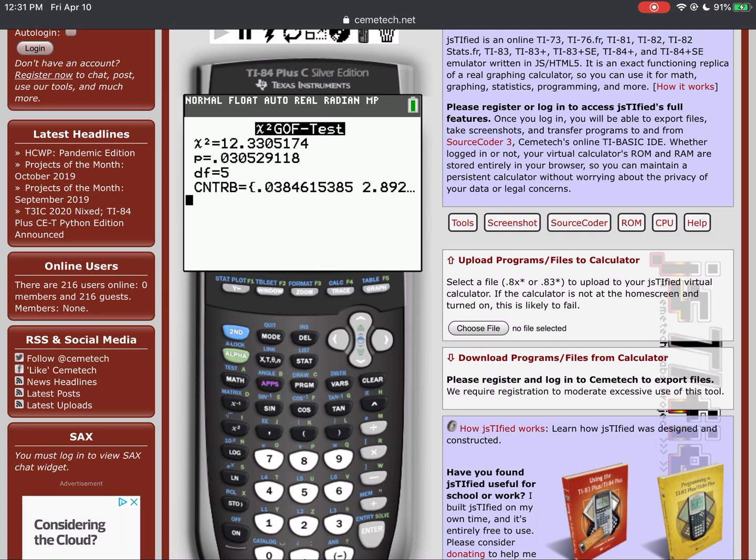But if I was going to try to be 99% confident, then the result would not be statistically significant. I would not reject the null hypothesis, and there would not be enough evidence to support that the distributions of the two different types of M&Ms were different.